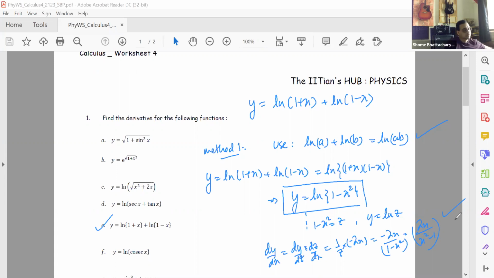This can be a final answer. So this is a very easy way of doing it. Now there's another option also, we'll discuss that.